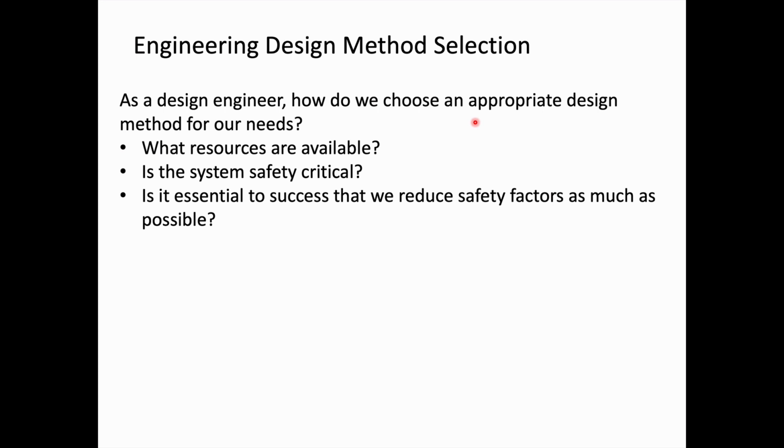But it's okay if we end up having a fairly heavy structure. We definitely want to keep costs down, but it's not going to have as much impact on the competitiveness of what we are producing as an engineering designer as, say, an aircraft or spacecraft.